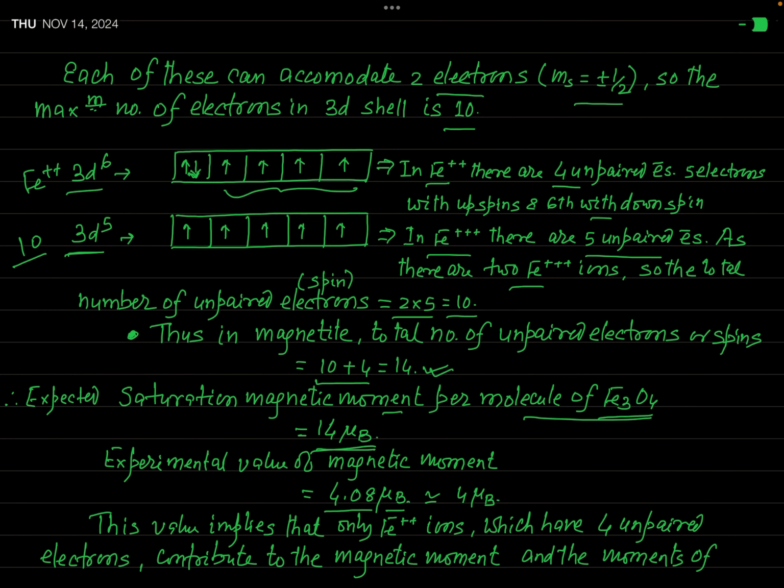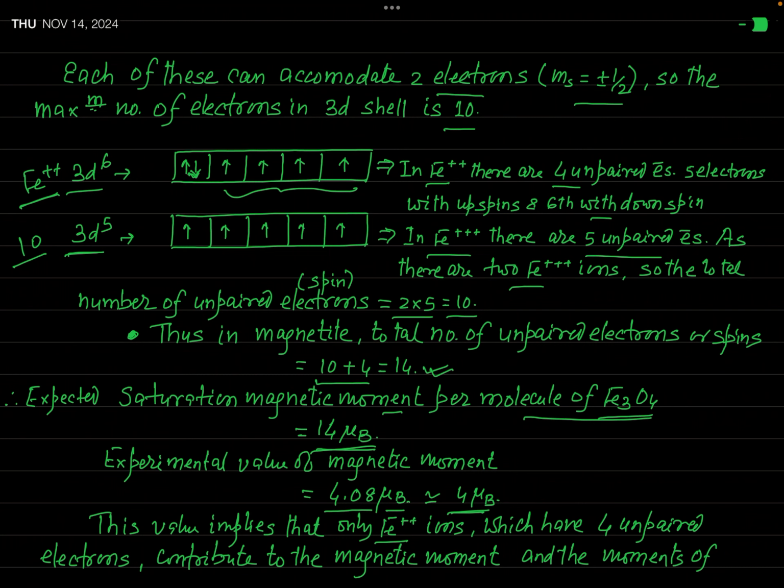And you can see this molecule of Fe3O4 has one ion of Fe double plus, which contains 4 unpaired spins or unpaired electrons. So it appears that this experimental value of magnetic moment is only due to the spin of Fe double plus ions.